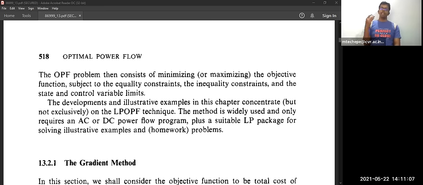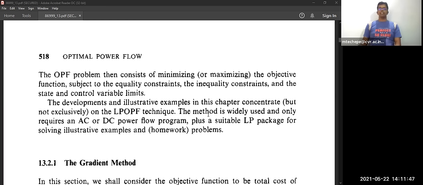The objective may be minimizing or sometimes maximizing, subject to equality constraints as well as inequality constraints, like what we have seen: voltage constraints, reactive power limits, MVA limits, voltage limits. Like that, many inequality constraints are there, as well as the state and control variable limits.